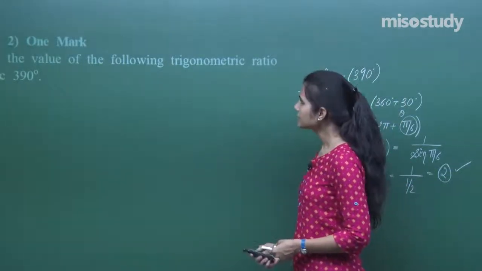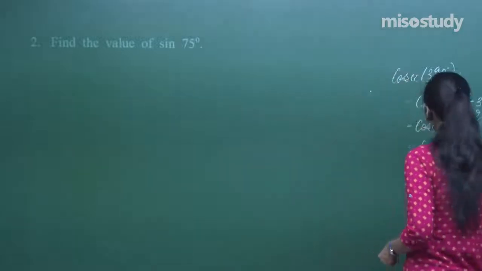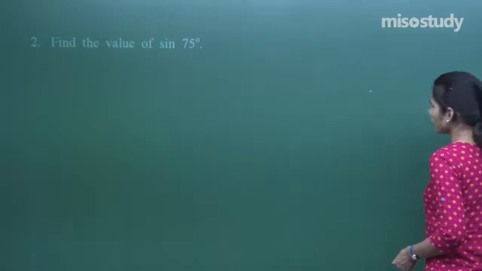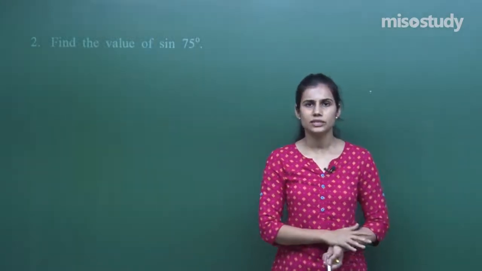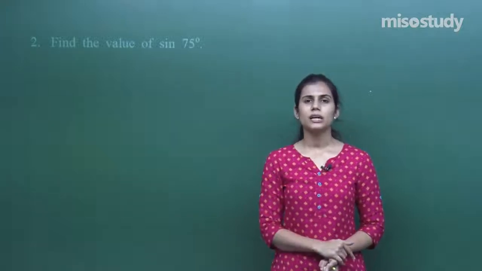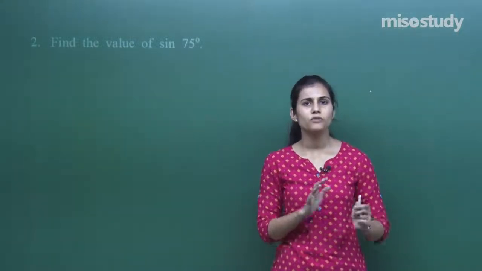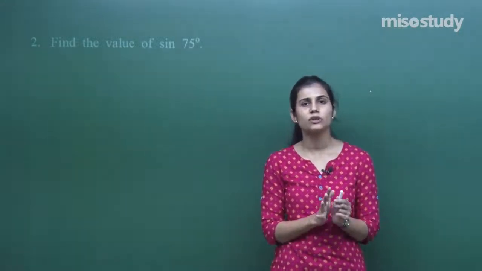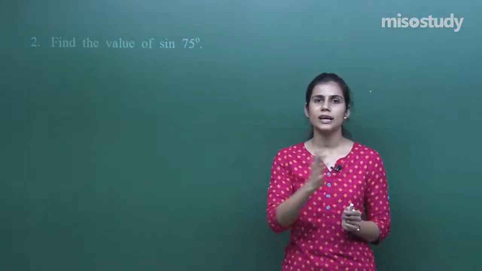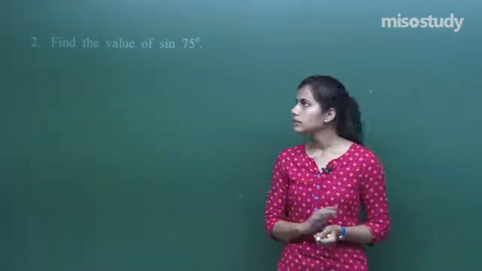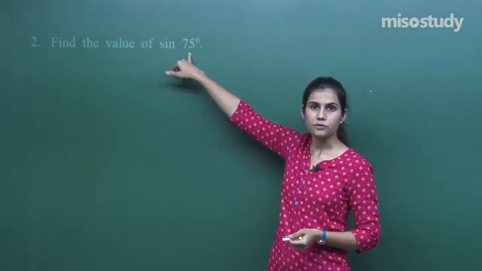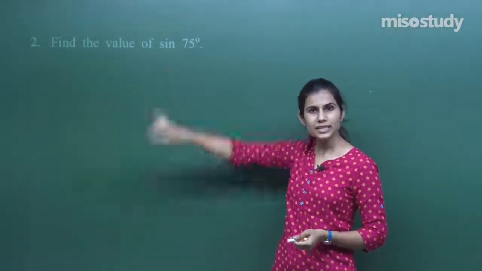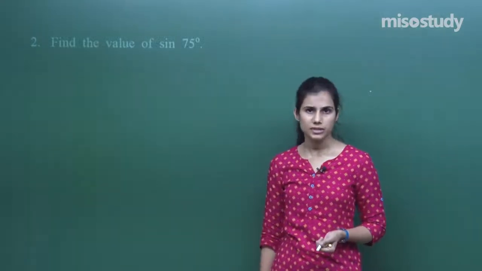Next question says, find the value of sine 75. Now 75, if I try any allied angle in here, 90, 180, 270, 360, the theta that is going to come up won't be one of those basic acute angles wherein I know the value of sine, right? If you break it up with the help of 90, 90 minus 15 is going to give you 75.